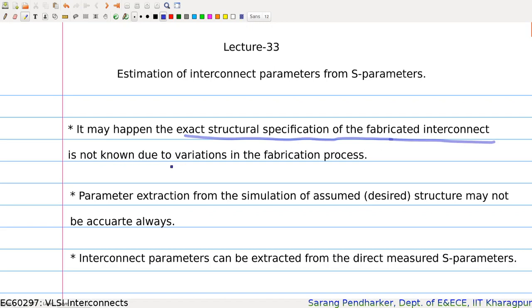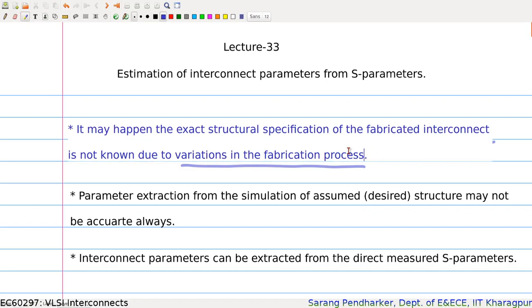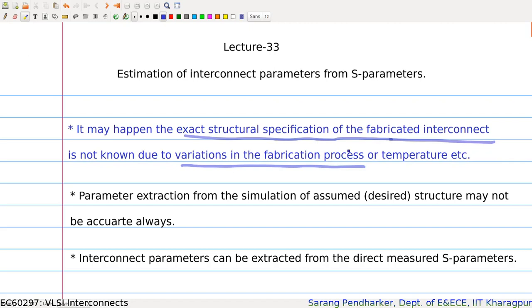There might be variations, due to the fabrication process or due to temperature, mechanical stress and other effects. So your actual fabricated structure may not be the same, or it changes over time, and in that case the parameter extraction from simulation is not always accurate.